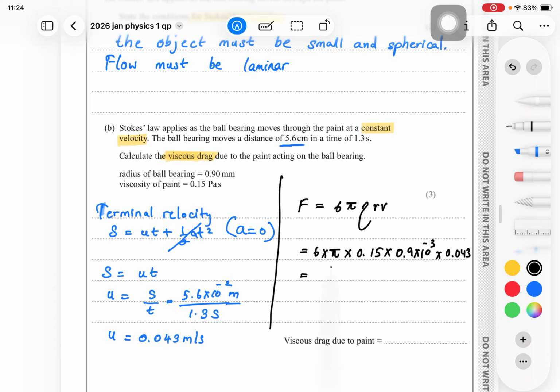Once we put everything in, we get the force, which is 1.09 into 10 to the power negative 4. Make sure to put the units, which is the drag force. This is a pretty straightforward calculation, so that's our final answer.